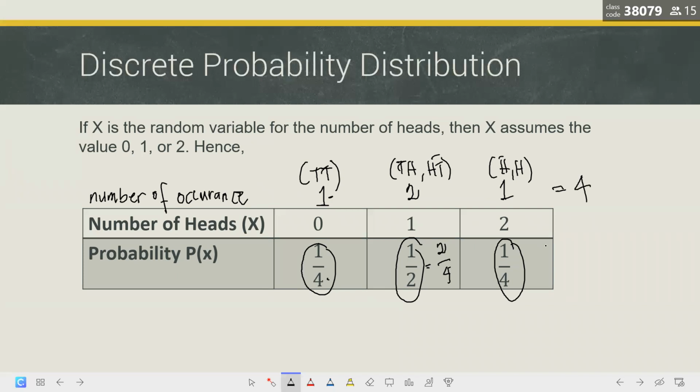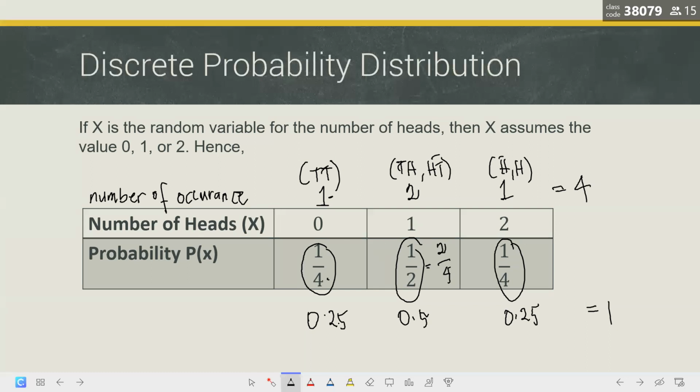Ayan. Ngayon class, sige, gawin natin decimal. 0.25, 0.5, saka 0.25. Dahil probability ito, ang total ng probability na lahat mag-occur is 1 usually, di ba? Pag pinag-add natin to, 0.25, 0.5, 0.25, the answer is 1.